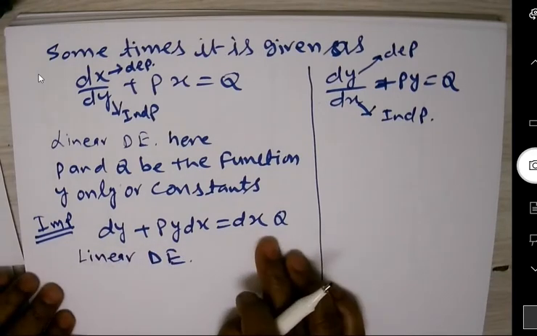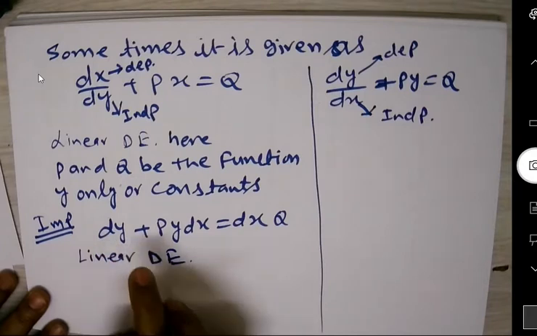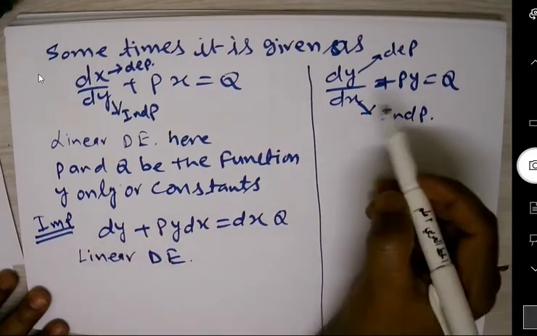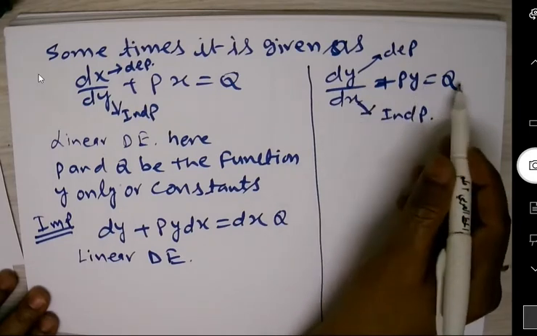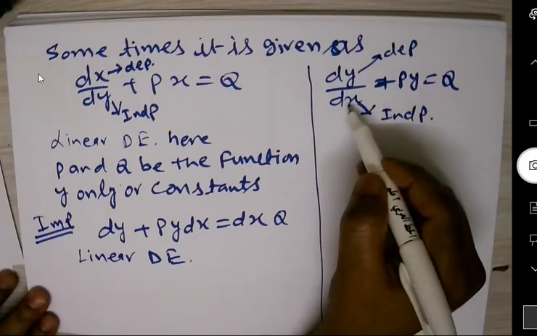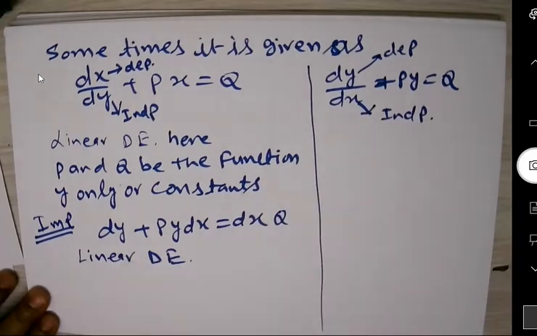In some standard books, the linear differential equation of first order is given in this form. What does that mean? Nothing, if you divide by dx here, it comes dy plus py dx, and q multiplied by dx, so the dx cancels. The same thing is given here.